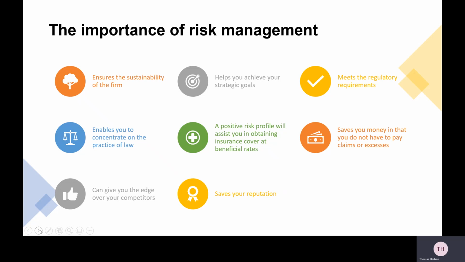You don't want your name coming up in a negative light. And remember, in this interconnected world, bad news travels very fast. And so if one client has had a bad experience or finds out some negative information about a law firm, they're most likely to tell others as well.